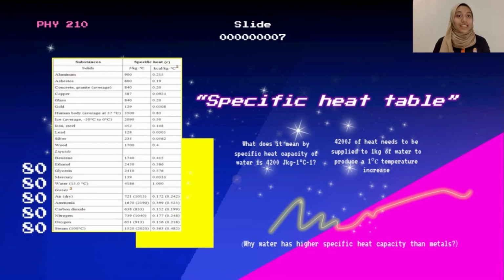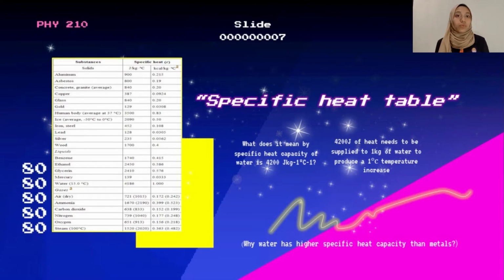Let's move on to the next slide. As you can see on the slide, there is a specific heat table. Please bear in mind that every material has a different specific heat capacity. Usually, the specific heat capacity for every object is constant. For specific heat and specific heat capacity, the body could be solid, liquid, or gas.